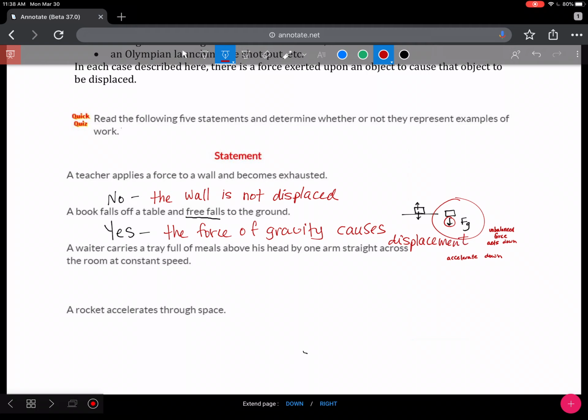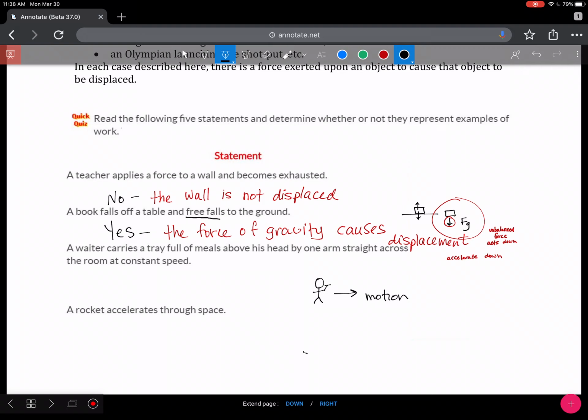Okay, we have a waiter carrying a tray full of meals above his head, straight across the room at constant speed. So you have your waiter, he's got the tray in his hand, and he's just walking this way at a constant speed. This is more of a complex example, but is any work being done?